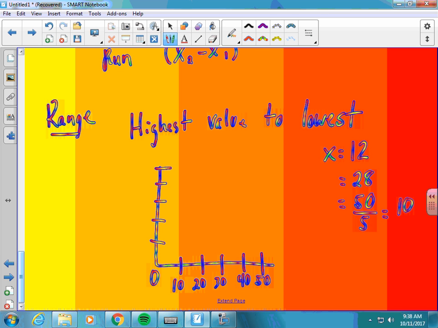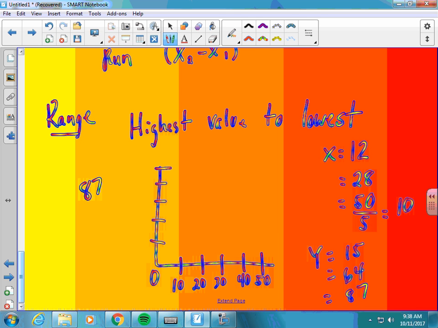Now, on the responding variable side, the y-axis, maybe my values are these. I've got y equals 15, y equals 64, and y equals 87. On the y values, my range means I need to cover up to 87 at the highest point.